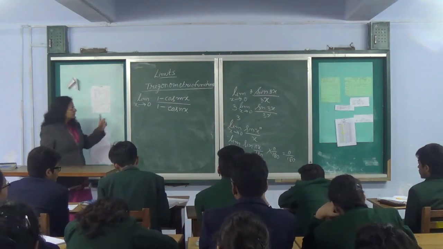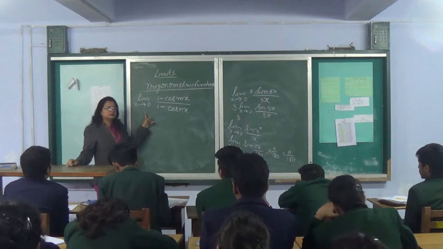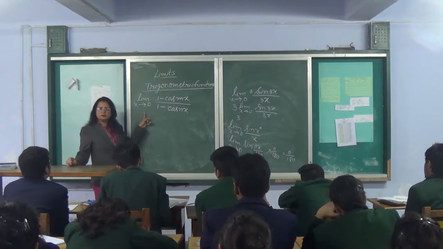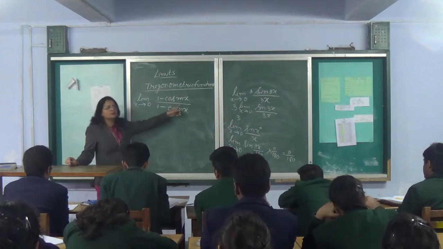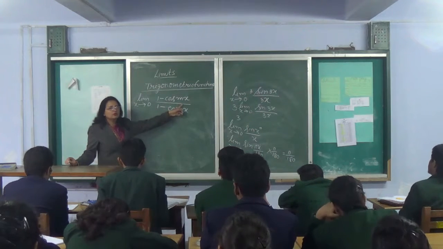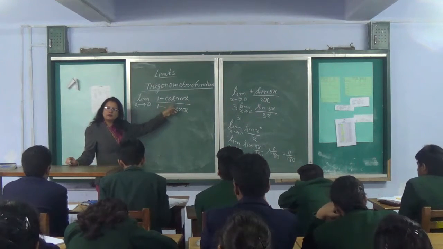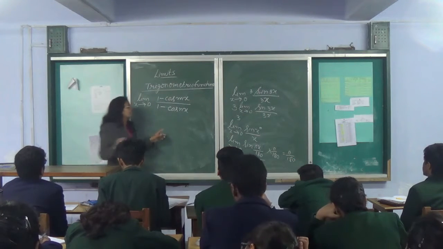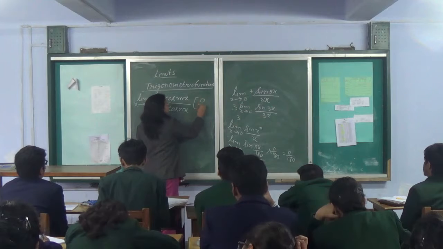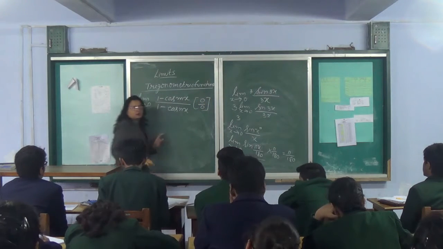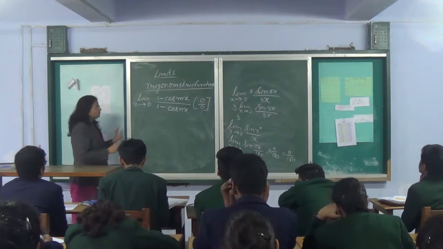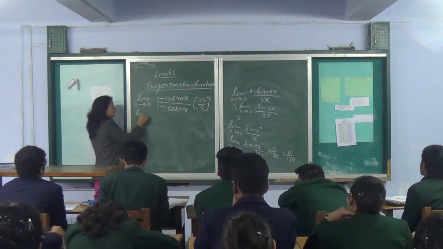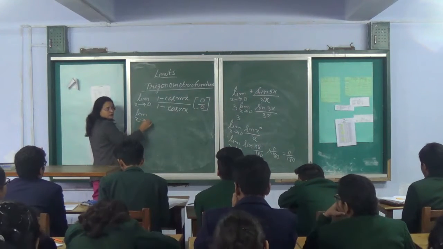Which form is it? Again 0 by 0 indeterminate form. You put 0 in place of x. Cos 0 is 1, so 1 minus 1 is 0, and here also 1 minus 1 is 0. It's again 0 by 0.